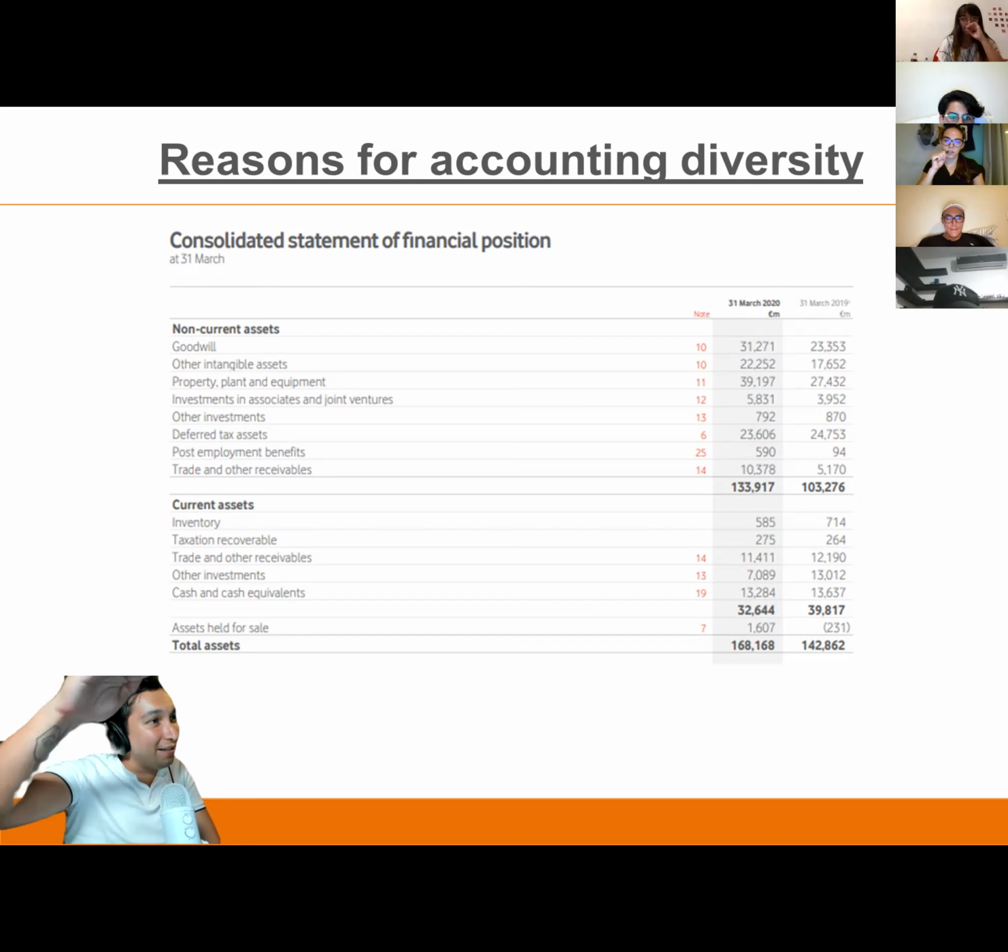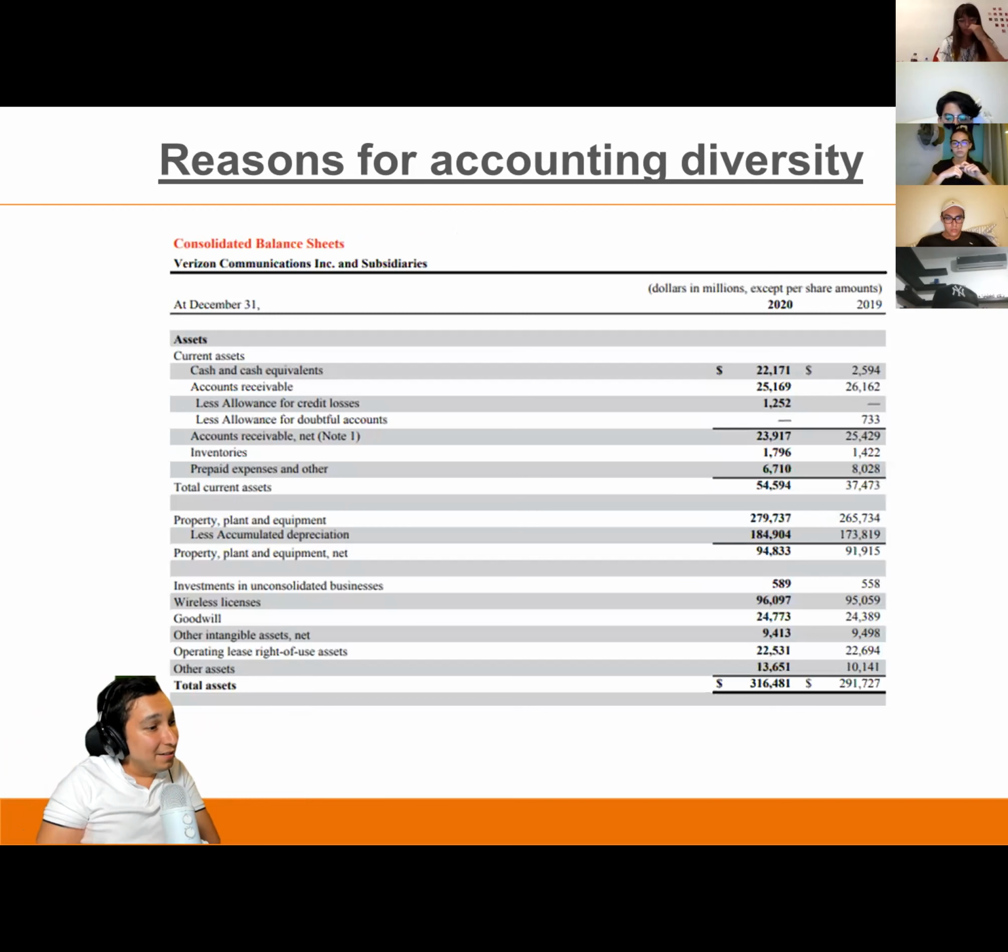So we can see that they start from the less liquid account and move downwards to the most liquid account. And this is a UK-based company, okay? What's the difference with the US-based company, Verizon? This is what they teach us in the accounting system: you start with the most liquid and you put the less liquid at the end.